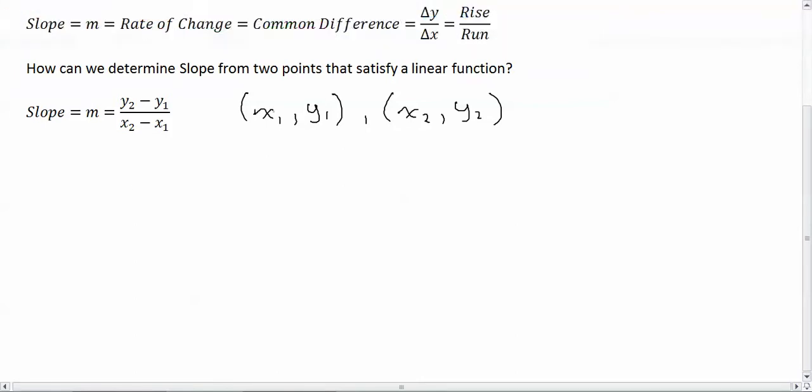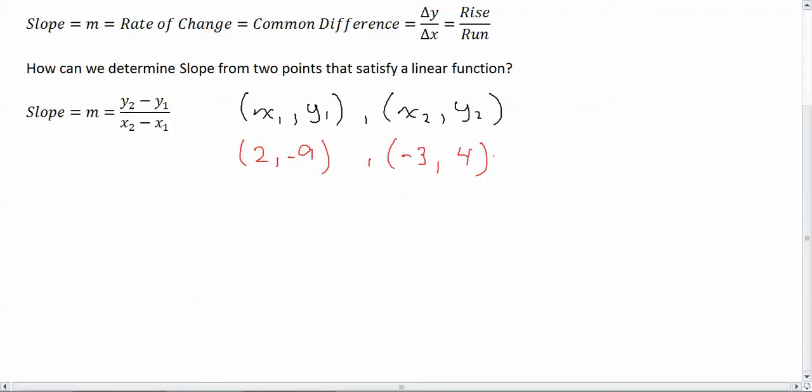So I'm going to give us a set of points. Let's say we have 2 and negative 9, and let's do negative 3, comma 4. I want to know what the slope is between these 2 points. And that's the same as asking, what is the slope of the function which these points satisfy?